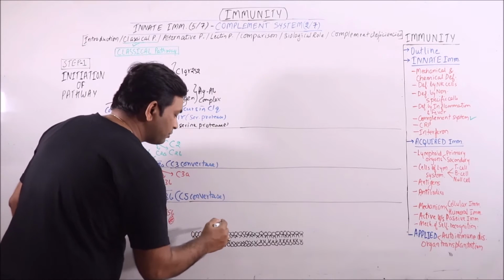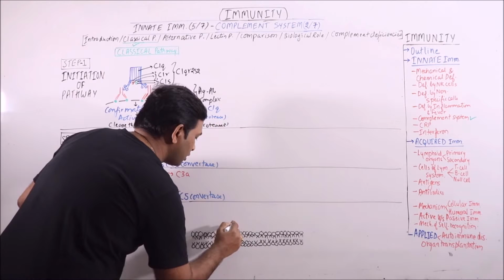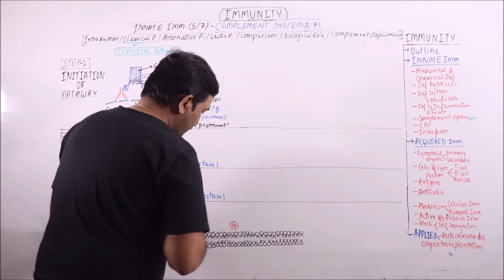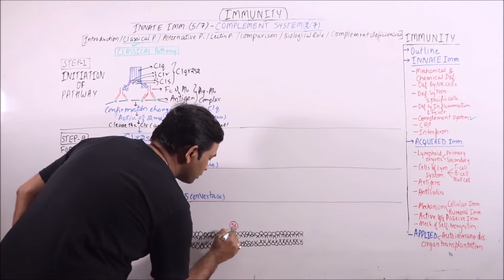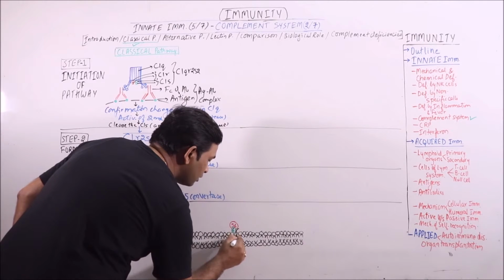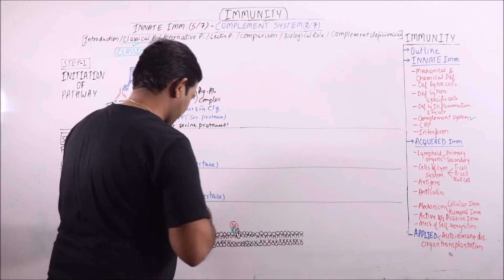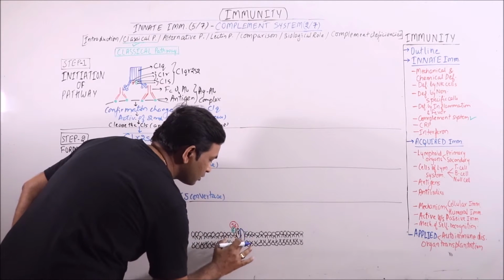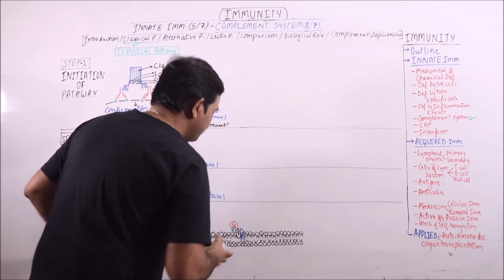Once C5B is formed, it will come closer to the membrane and will recruit 6, then 7, then 8, and many molecules of 9.